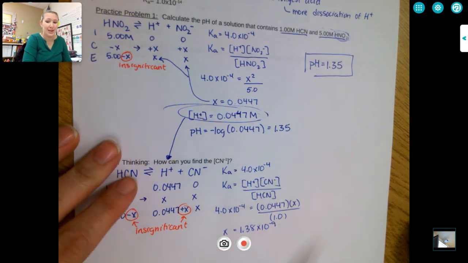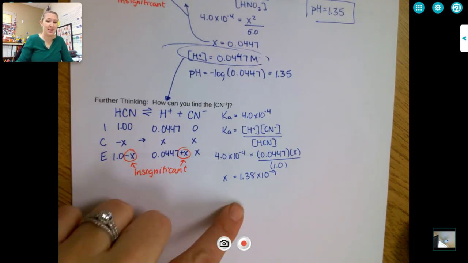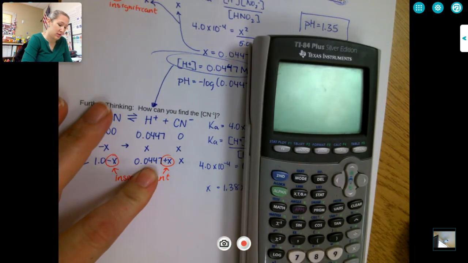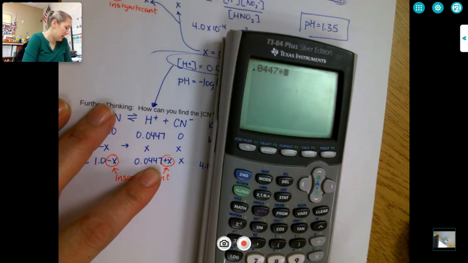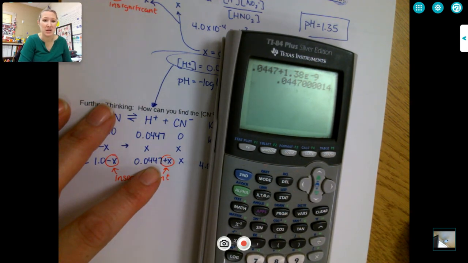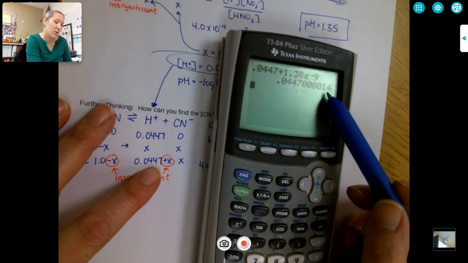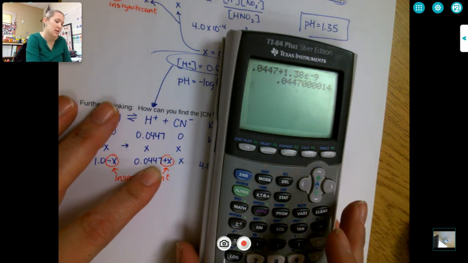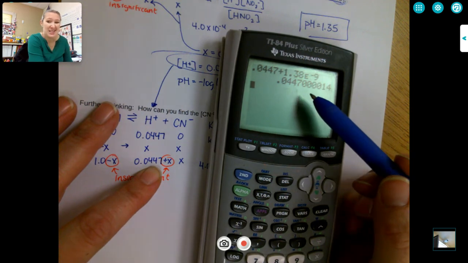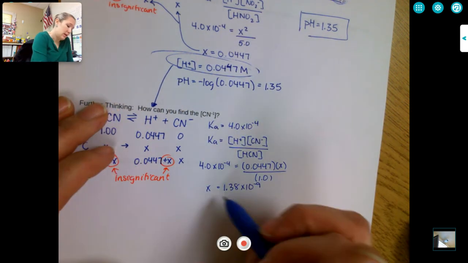If I plug that into my calculator as the change for my hydrogen ion concentration, because that's x, 0.0447 plus 1.38 times 10 to the negative 9, it's basically the same number, 0.0447. I have all these zeros and then the 1, 3, 8. If I had more decimal places on my calculator we could keep going, but we can see that it's insignificant.